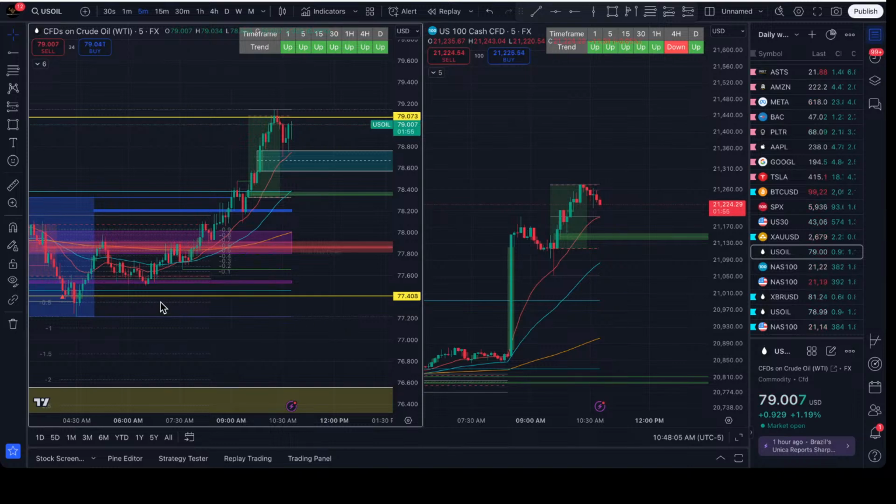And tomorrow we have core retail sales at 8:30 Eastern Standard, unemployment claims. And then Friday, we only have 1 orange folder.